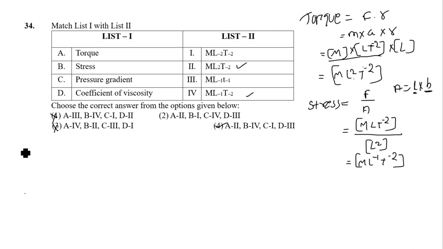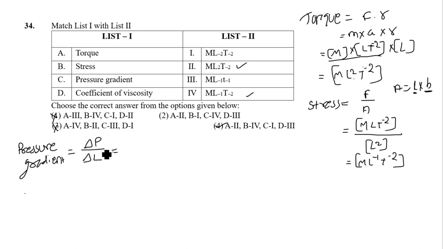First, the third one is pressure gradient, which is delta P by delta L. That means pressure by length.